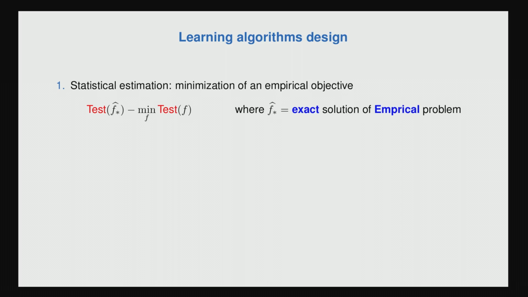So I have my training set, and I use the training points to train my model. And if I know that I can have an exact solution to the empirical problem, this is f hat star.